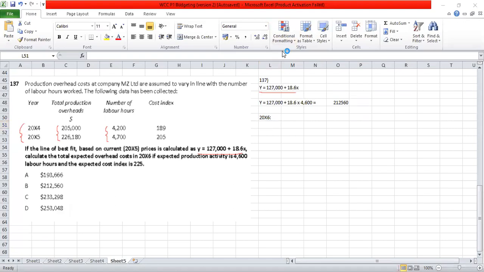The expected cost index is given as 225.